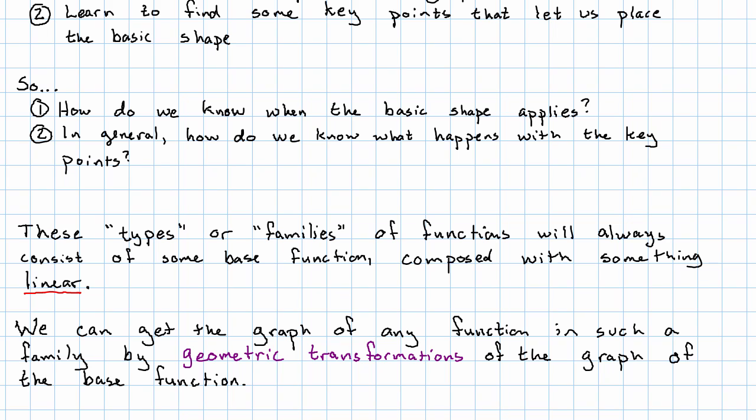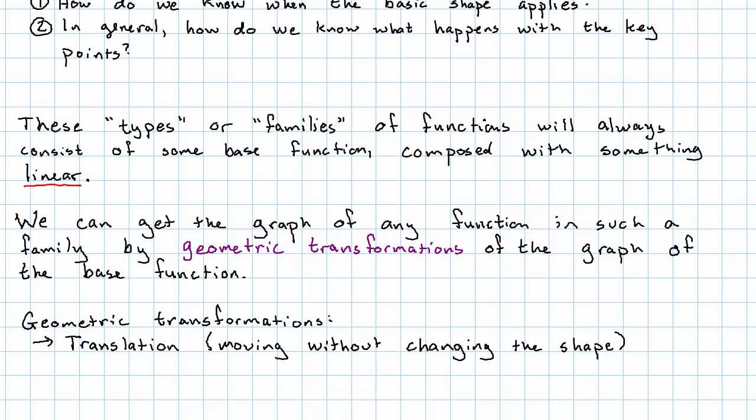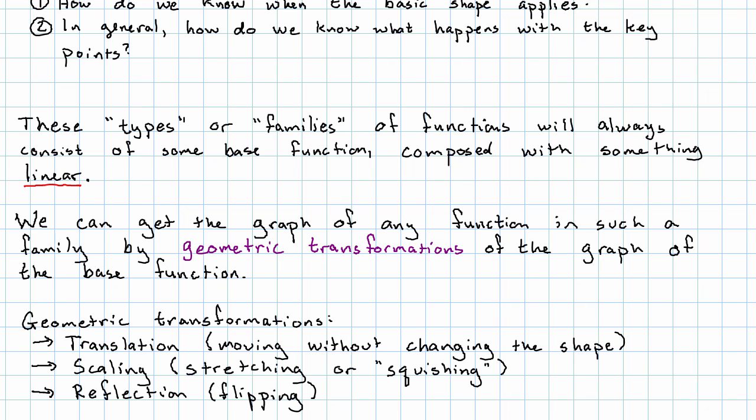So our three basic geometric transformations are translation, which consists of just moving something around without changing its shape. Scaling, which consists of either stretching something or squishing it smaller. And reflection, which is just flipping something.